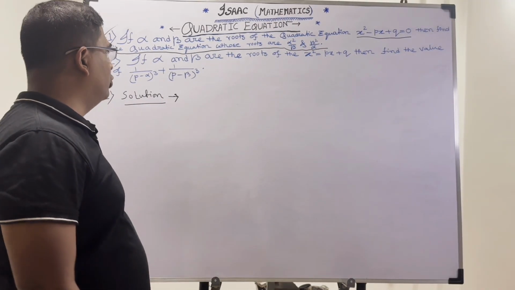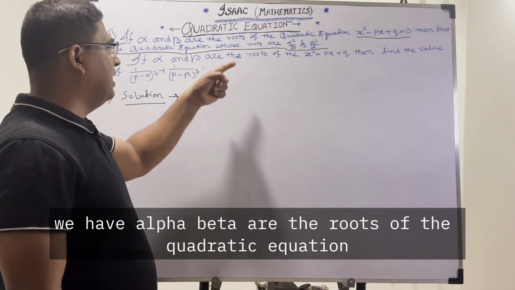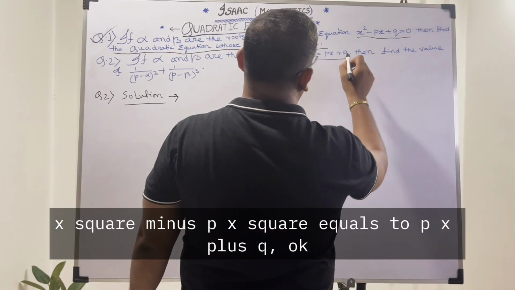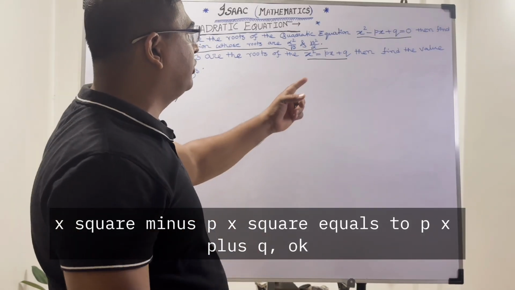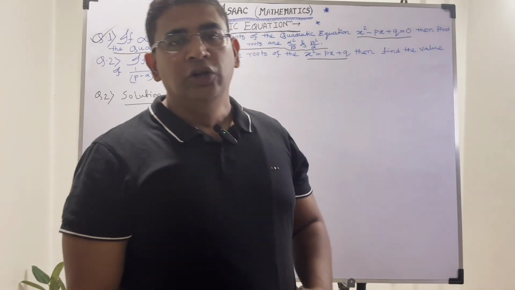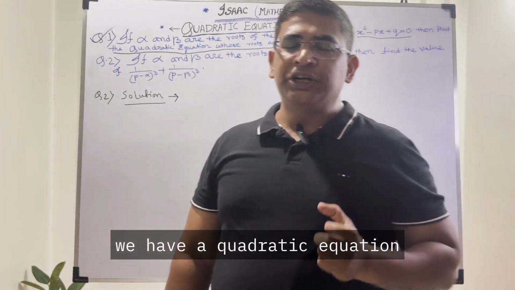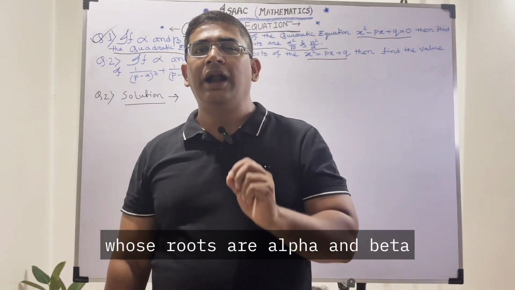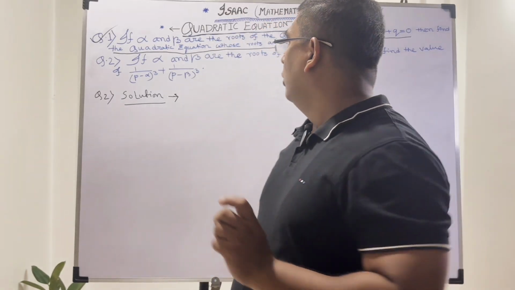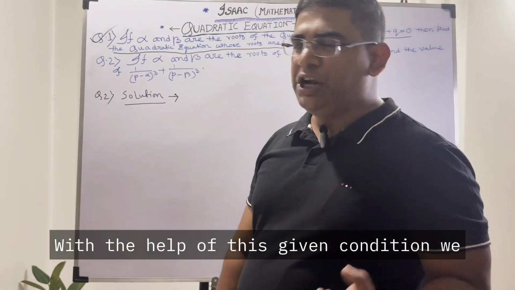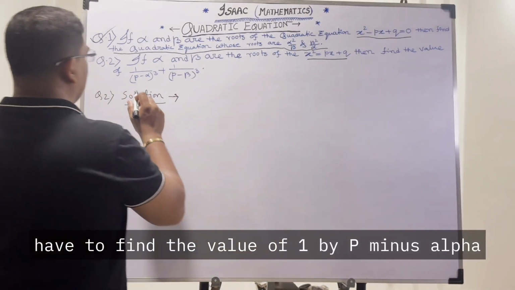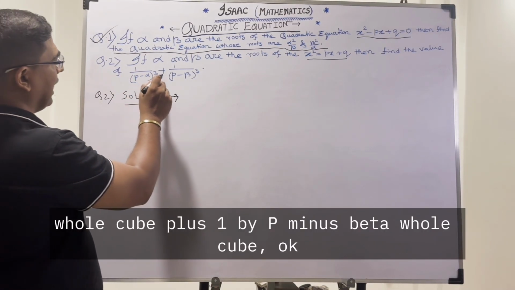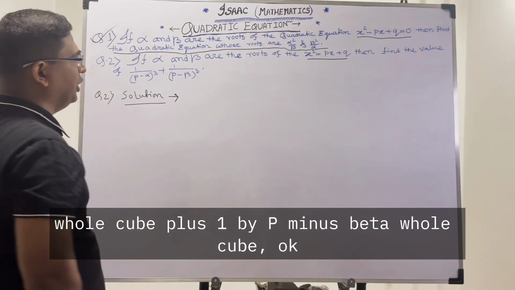In problem number 2, we have alpha and beta as the roots of the quadratic equation x square equals px plus q. With the help of this given condition, we have to find the value of 1 by (p minus alpha) whole cube plus 1 by (p minus beta) whole cube.